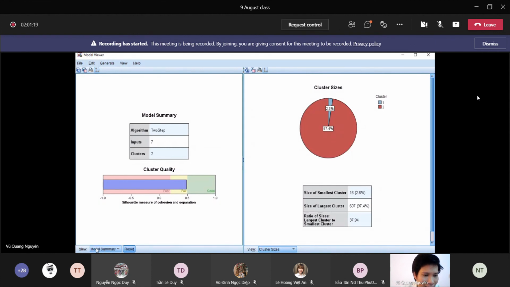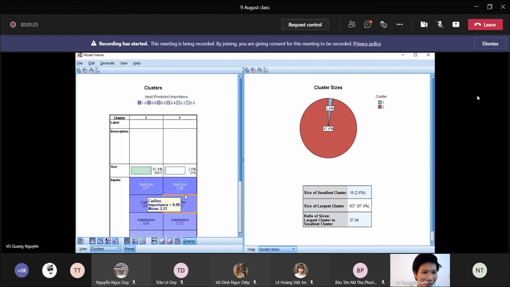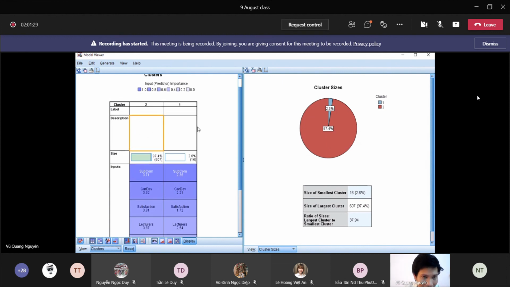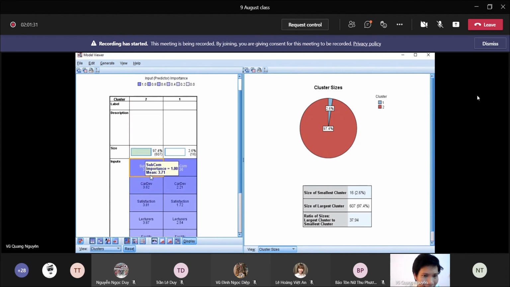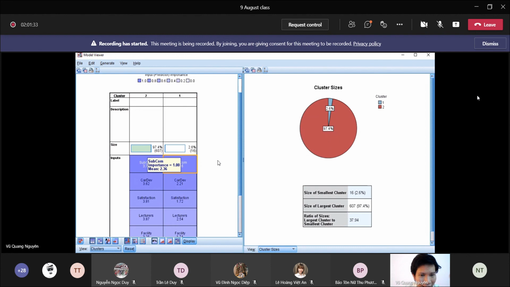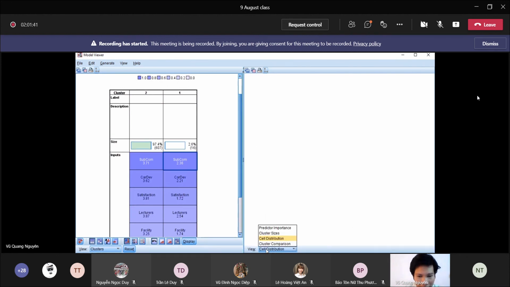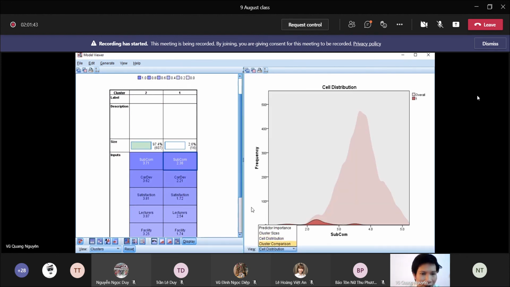In the model summary view, you do not need this. You click the clusters. It's better. Although it's better, look at the clusters here. You can see that it shows you the mean of the clusters. But I say this one is pretty much useless too. Why?